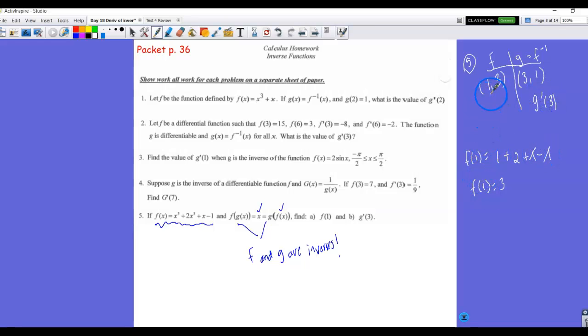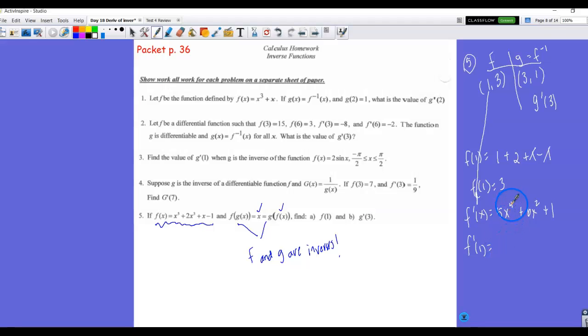So we're going to find the derivative of f. F prime of x using the power rule is 5x to the 4th plus 6x squared plus 1, and I'm going to use the x value of the partner.